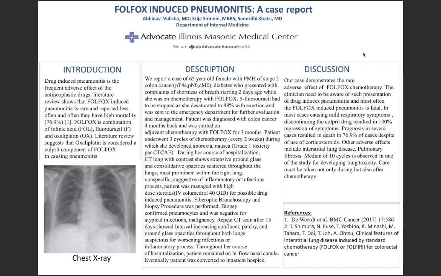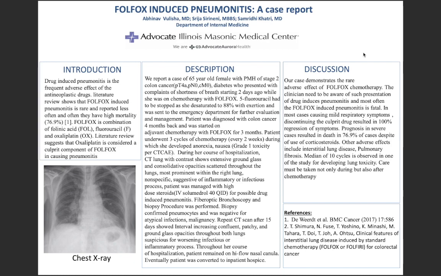In the ED, they got a chest X-ray and CT scan, which showed extensive ground glass opacities and consolidative opacities scattered throughout the lung, most prominent within the right lung. It was non-specific, and they suggested it could be either an inflammatory or infectious process.